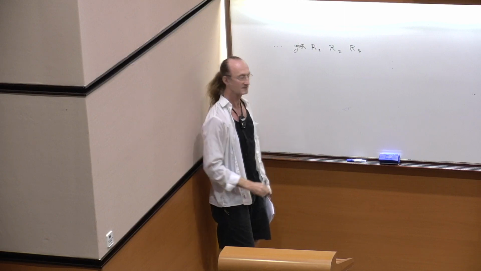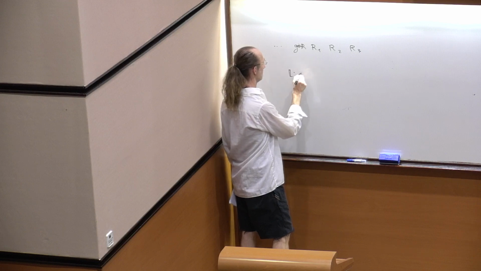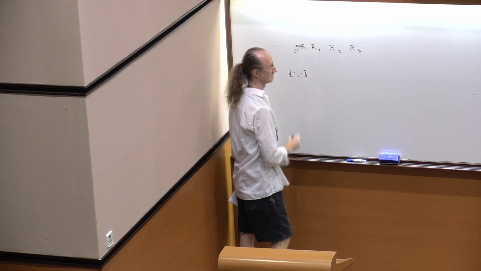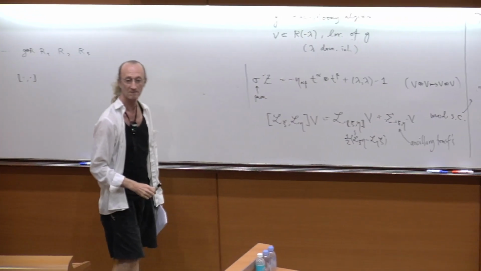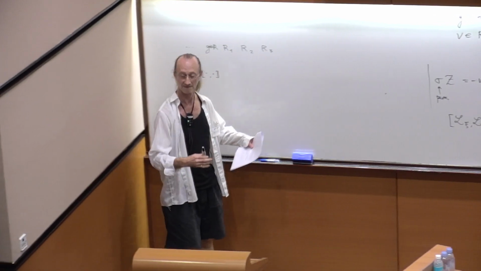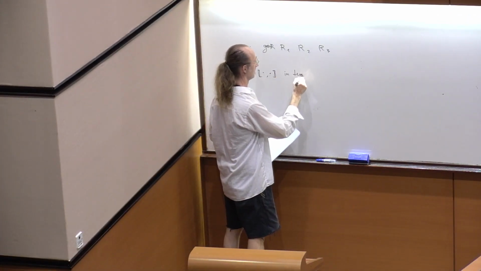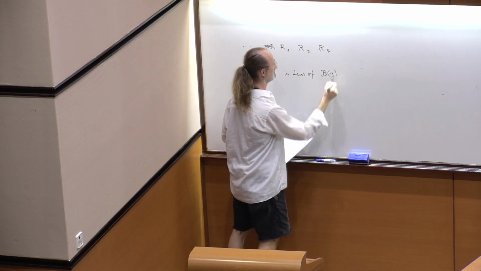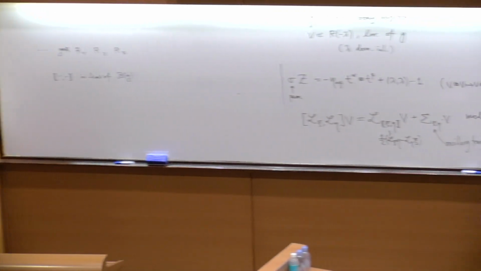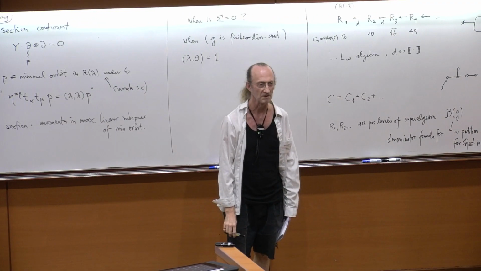The first problem arises when I want to write down the two brackets, this one, through the structure constants of this algebra. Turns out it doesn't quite work.